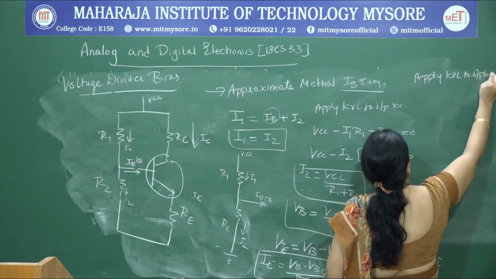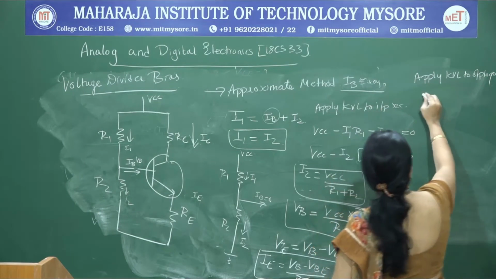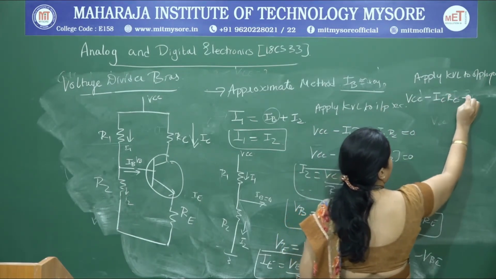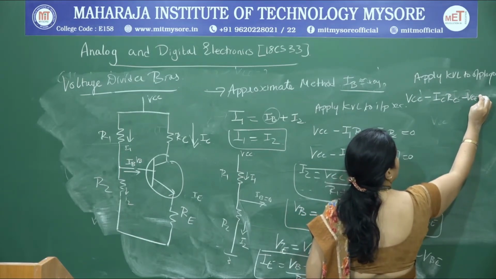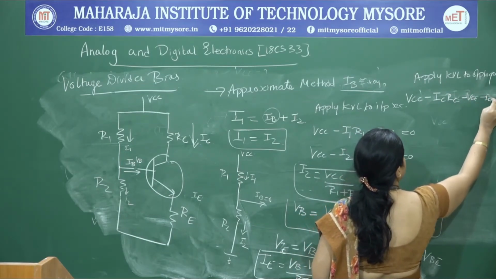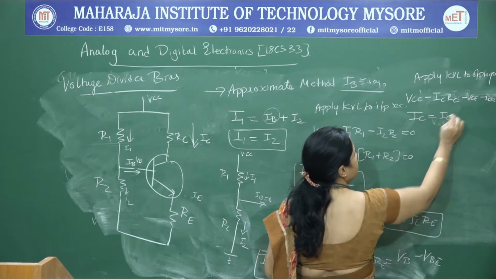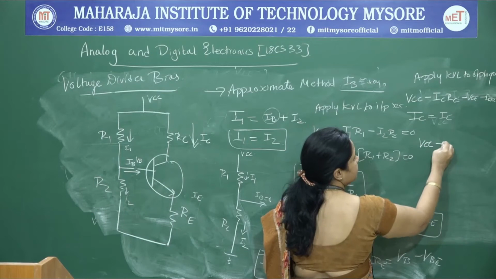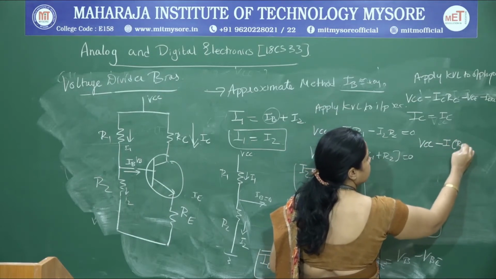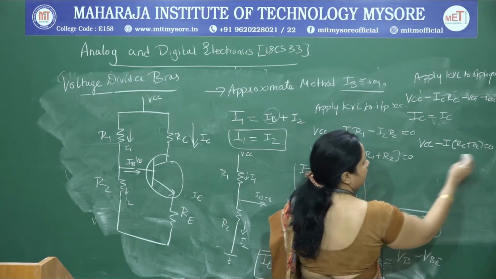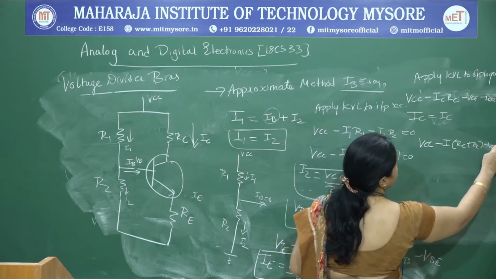So, when you apply KVL to the output loop, it is VCC minus IC RC minus VCE minus IE RE is equal to 0, and you are aware IC is equal to IE. If you substitute, we end up getting VCC minus IC into RC plus RE minus VCE is equal to 0.